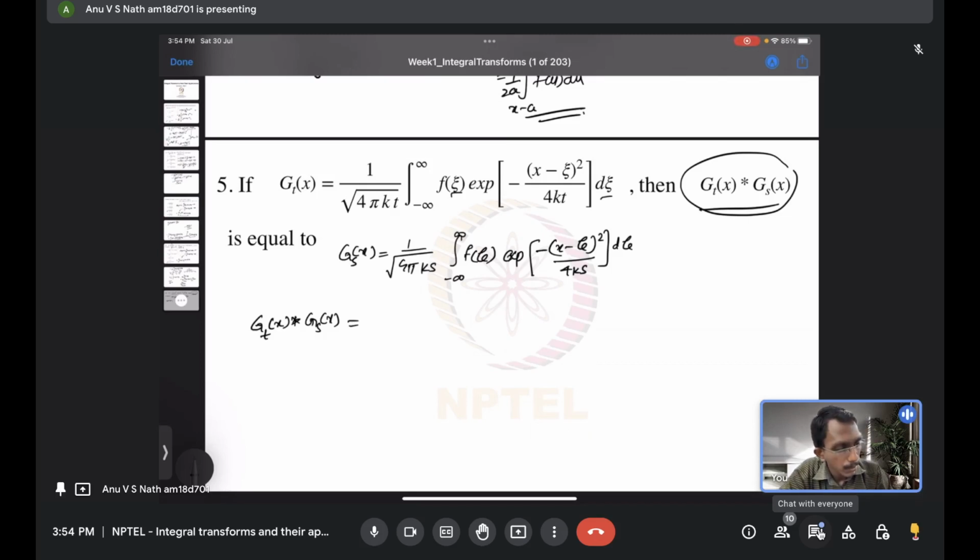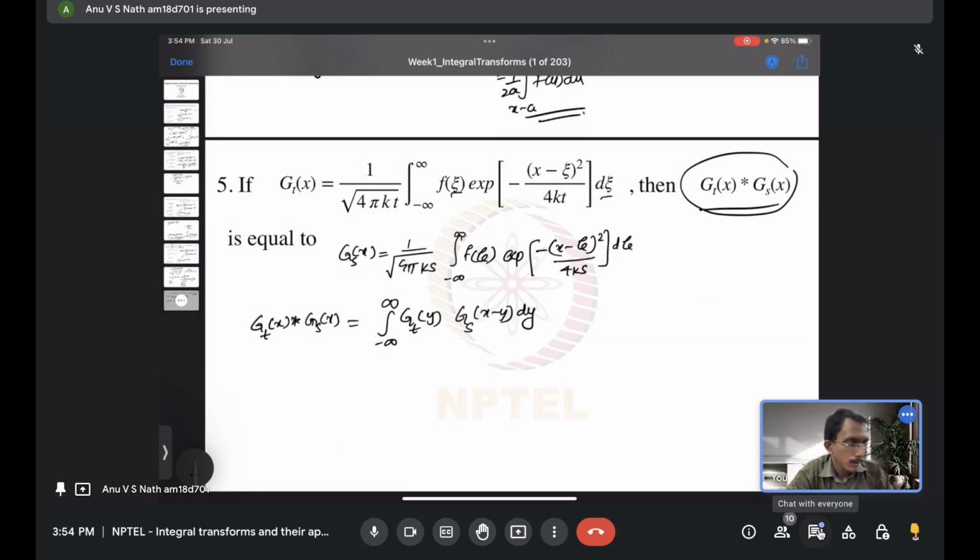So we have g_t of y, then g_s of x minus y, integral dy from minus infinity to plus infinity. Oh sorry, one of them should be g_s and the other should be g_t. Because both functions are g, even if you use the other form, you will get something similar, just with t and s replaced. But finally, because of the symmetry, you are going to get the same answer.